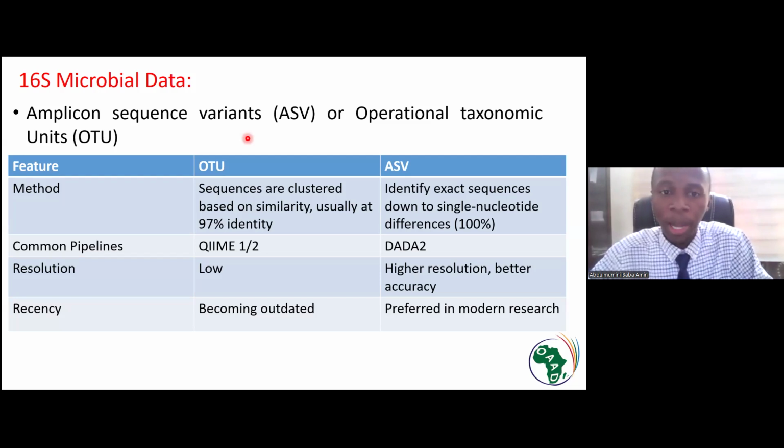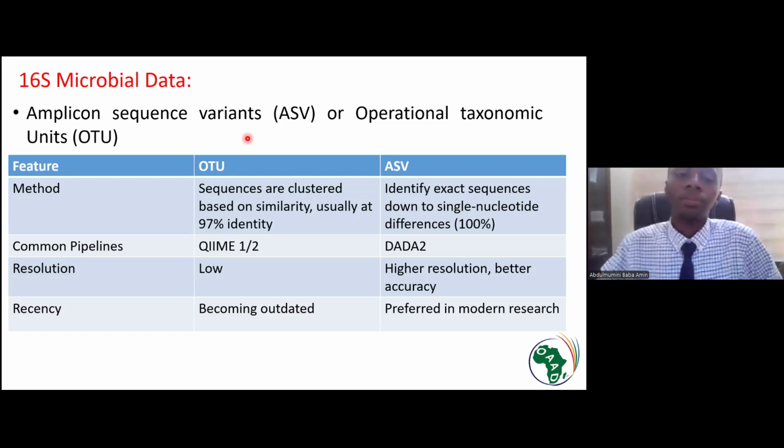Closely related bacterial species can be erroneously placed as one OTU, while under ASV, it has to go down to the strain level, or exactly that particular bacterial sequence. OTUs, although here in Nigeria is just upcoming, in advanced countries, it's becoming outdated. The ASVs and shotgun metagenomic sequences are being introduced recently.